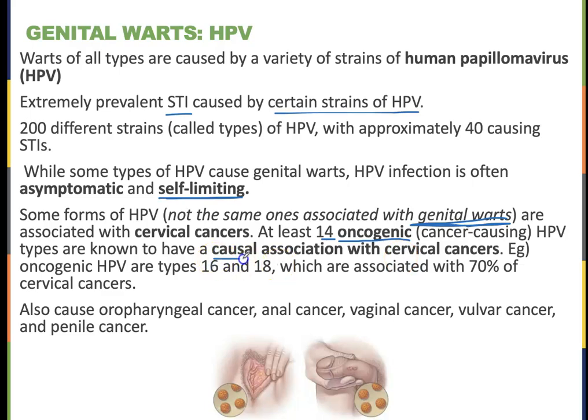So a causal association is a very firm association with the cervical cancers. And we have few types that are extremely oncogenic, associated with 70% of cervical cancers. They can also cause oropharyngeal cancer. So this is going to be the throat and mouth. They can also cause anal cancer, vaginal cancer, vulval cancer, and penile cancer. So it's not limited to just the cervix.